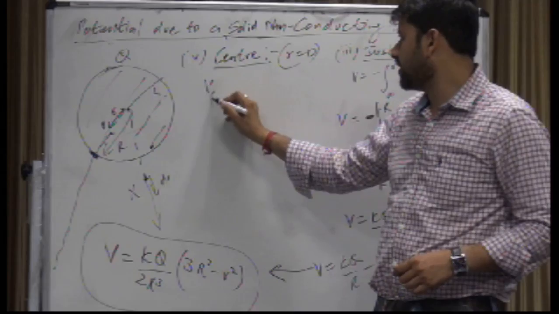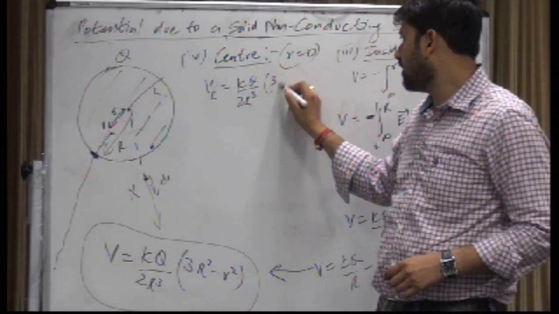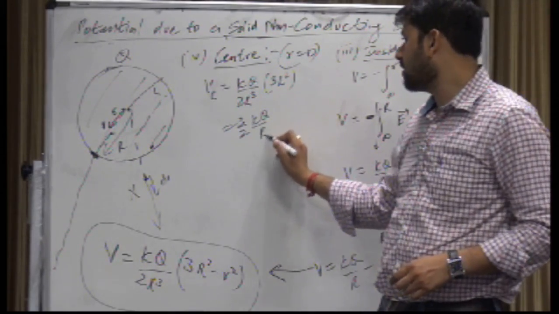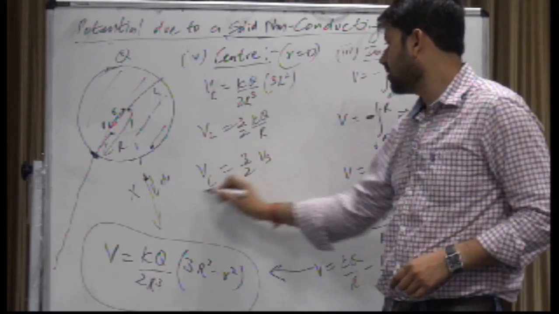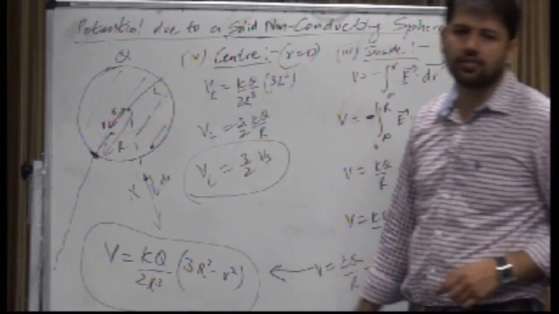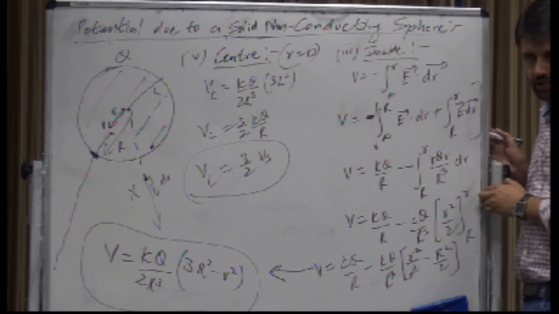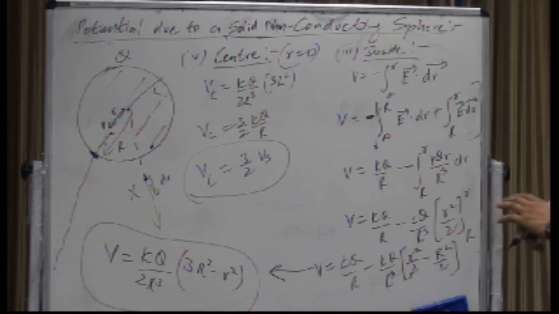So V center would be kq by 2R cube into 3R square, or 3 by 2 kq by R. This is Vc. Vc is 3 by 2 Vs, 1.5 times the surface value. Okay, 1.5 times the surface value. Can I erase the right portion? Okay.